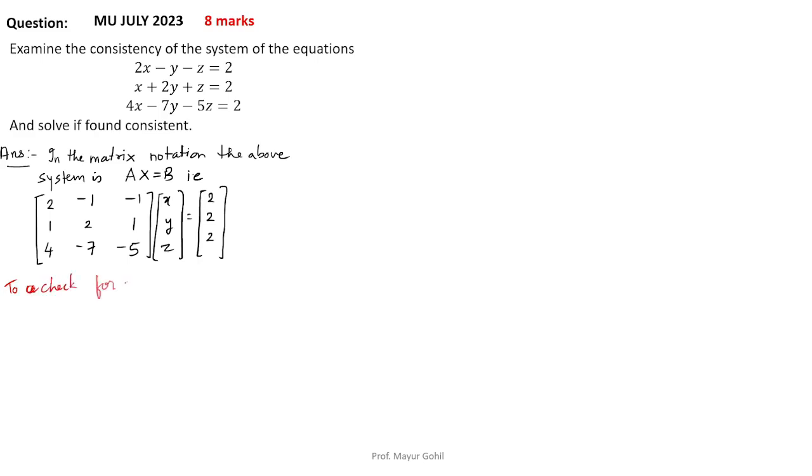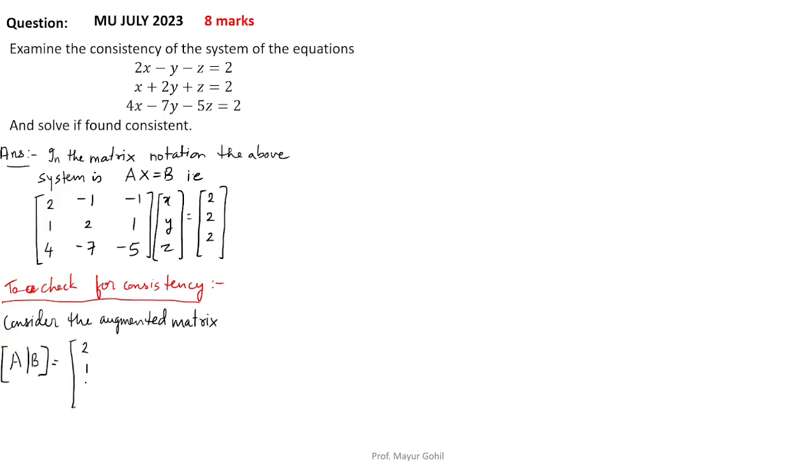To check for consistency, we say here, consider the augmented matrix [A|B]: 2 1 4 -1; 2 -7 -1 1; -5 2 2 2. This is the matrix we consider.